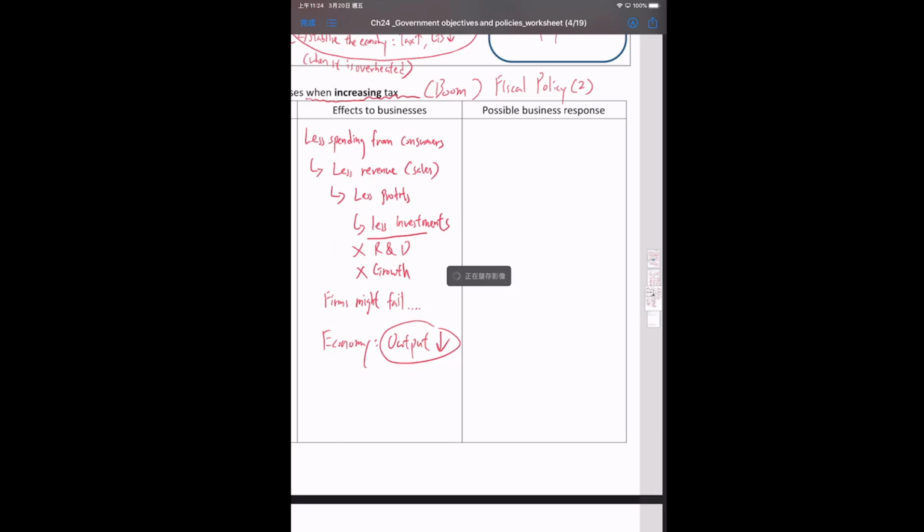Any possible business response that you are going to do to improve the situation in your business? Now you are paying a higher tax as a business, so you're earning less. So what are you going to do?